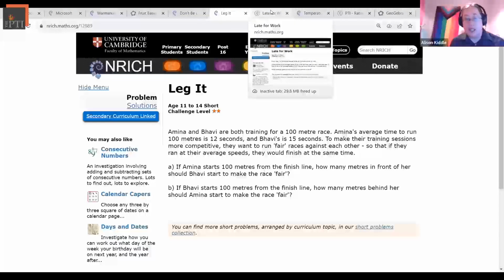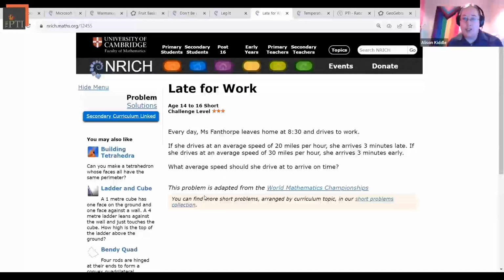I'm going to say one more thing about counterintuitive things when you're working with speed, distance and time. We won't go through this problem because it is a challenge level 3-star, which means it's among the hardest problems that we've got for the age 14 to 16 range.